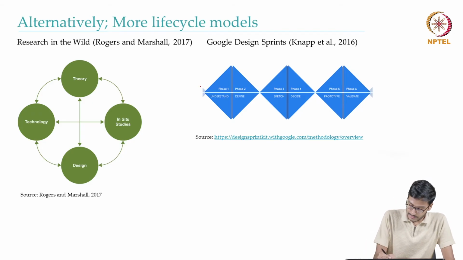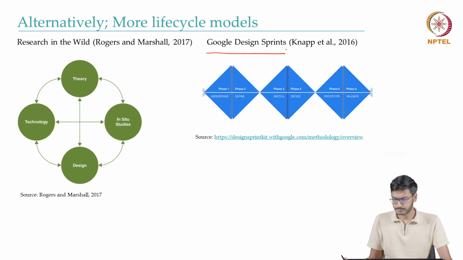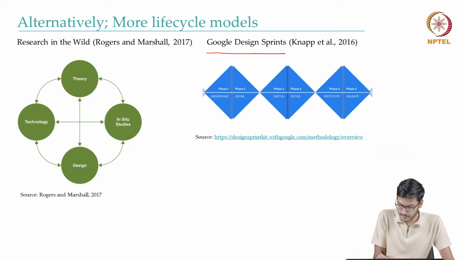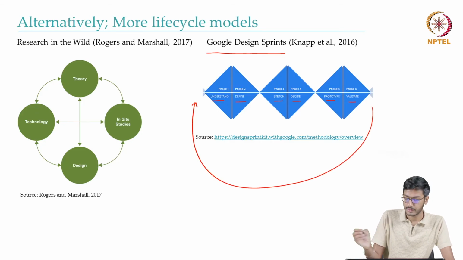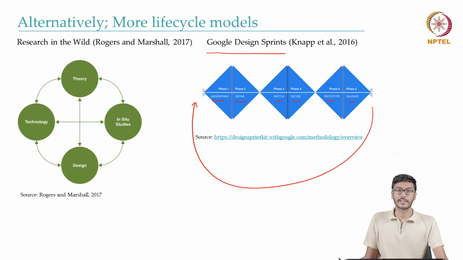Moving forward, we also have the Google Design Sprints. Again, more or less the same. We understand, we define, we sketch, we decide, and then we prototype and validate. And the process then moves again. The process is iterative as more and more feedback gets to the designers, they improve the designs.